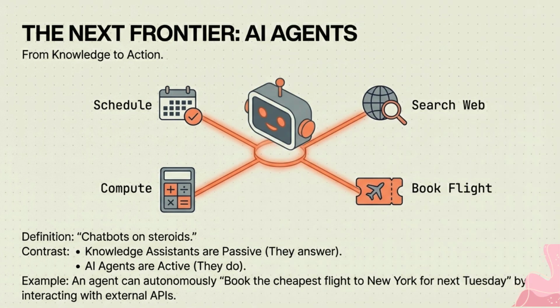It searches and tells you. Agent example: same question, but it books the ticket for you autonomously via API. This is the transition happening now. AI moving from informational to operational, managing calendars, processing invoices, handling customer tickets.